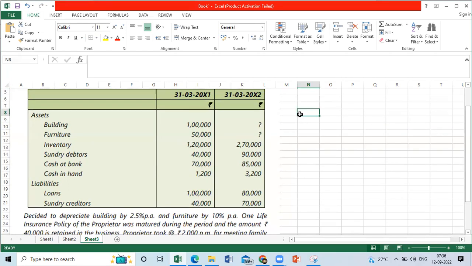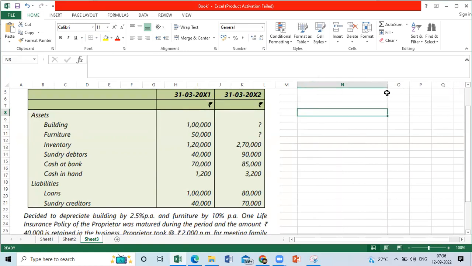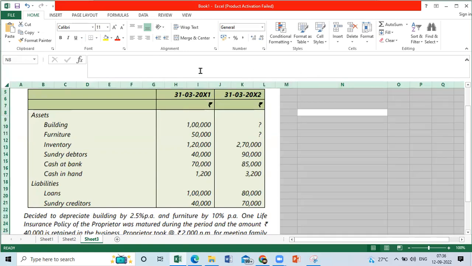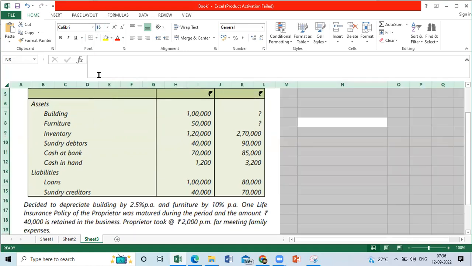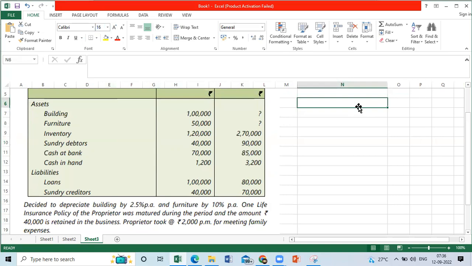We need to prepare something called as a statement of affairs. I'll give the heading: statement of affairs as on 31st March 2021 and 31st March 2022.